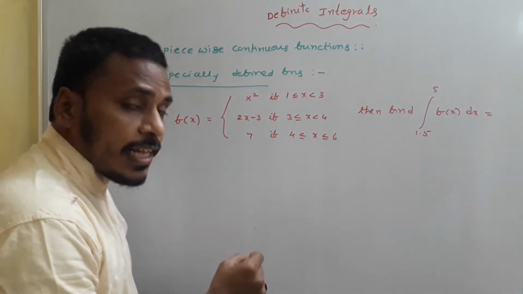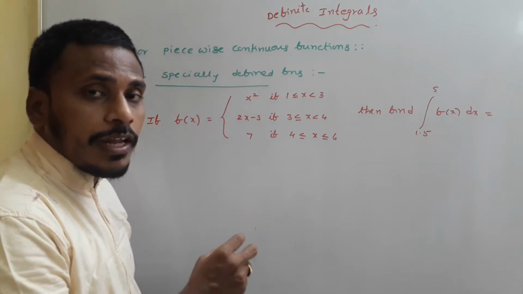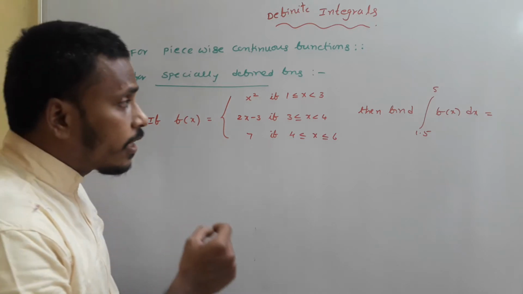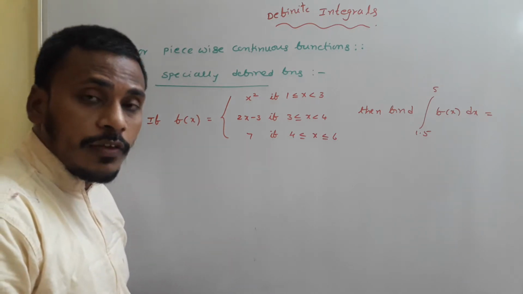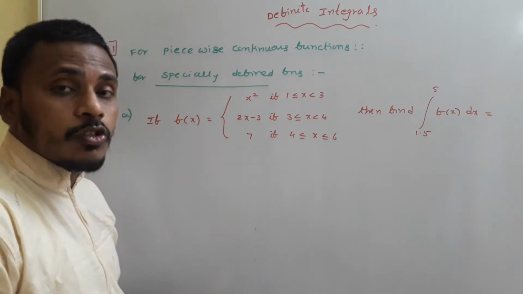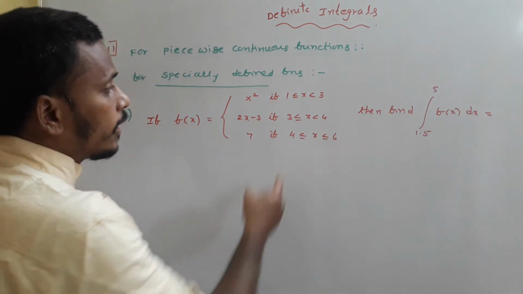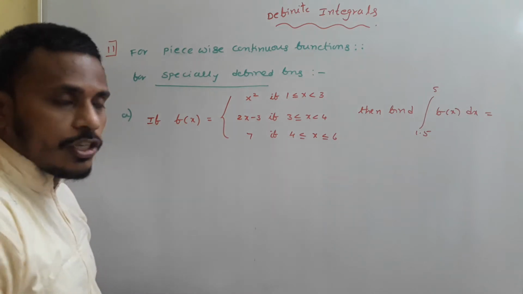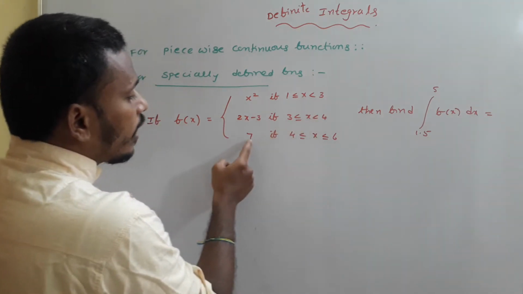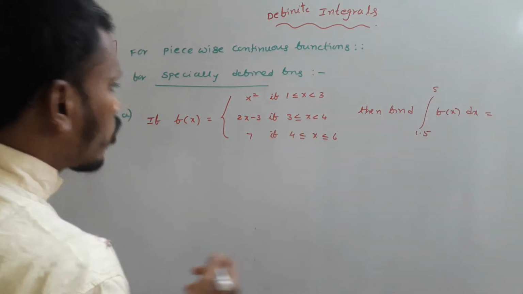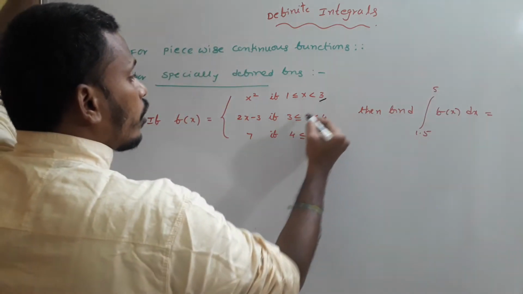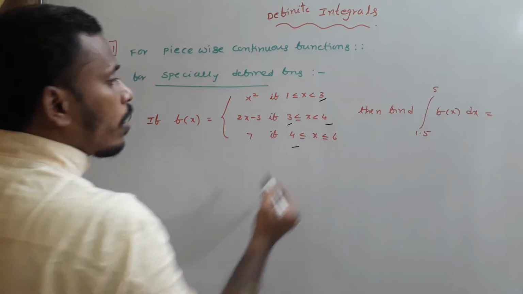There is a chance of splitting limits of definite integrals at the points where the function is discontinuous, where the function changes its behavior, where the definition of the function is a bit different. Here, look, at 3 the behavior and the definition of the function is changing. At 4 again the definition of the function is changing, and so we need to split this integral 1.5 to 5 at 3 once and at 4 once.